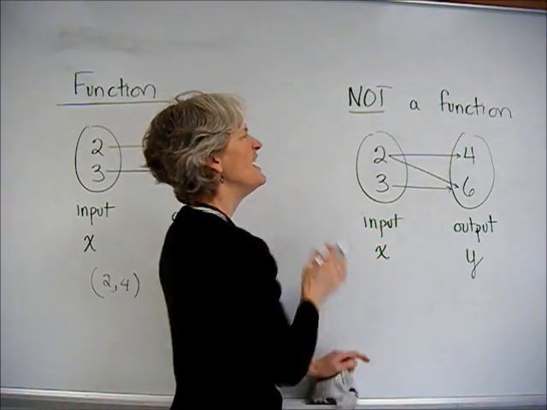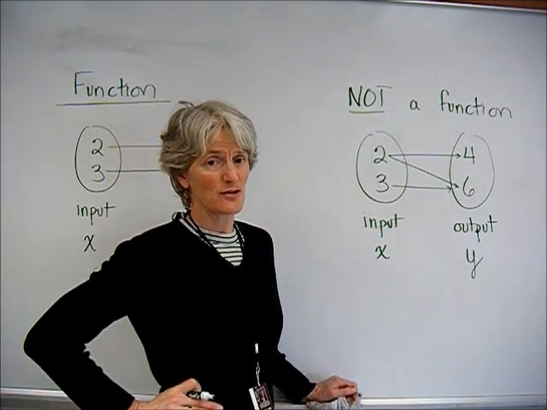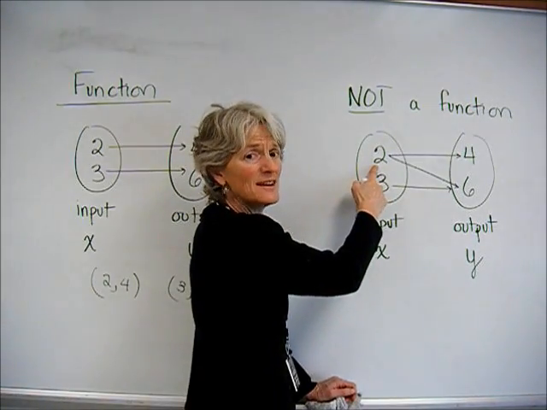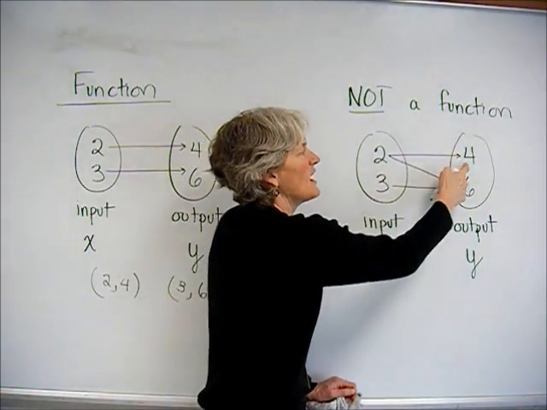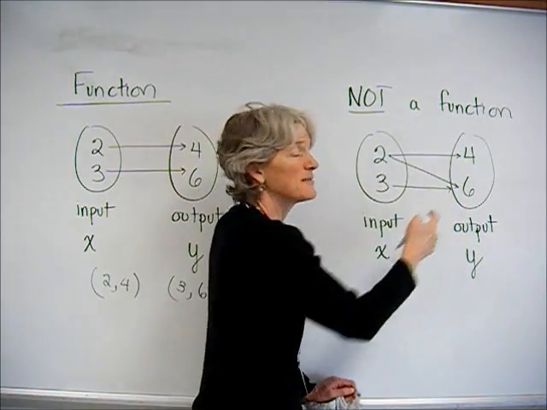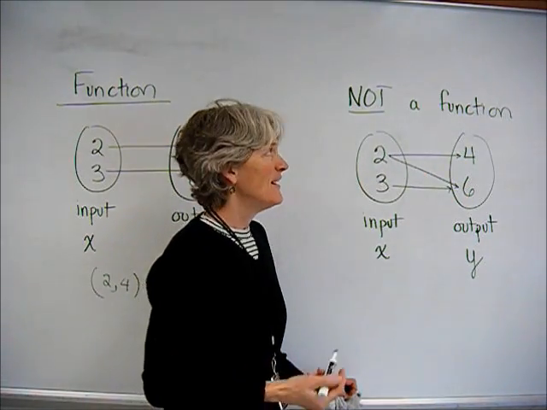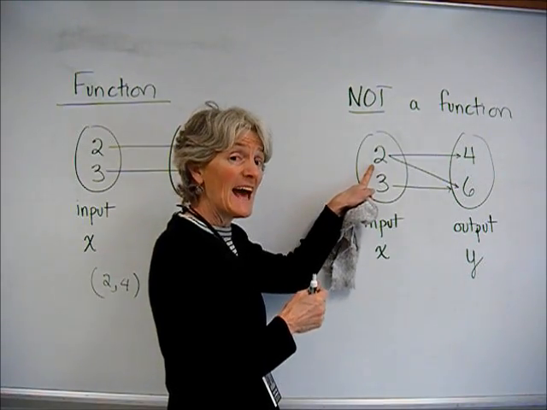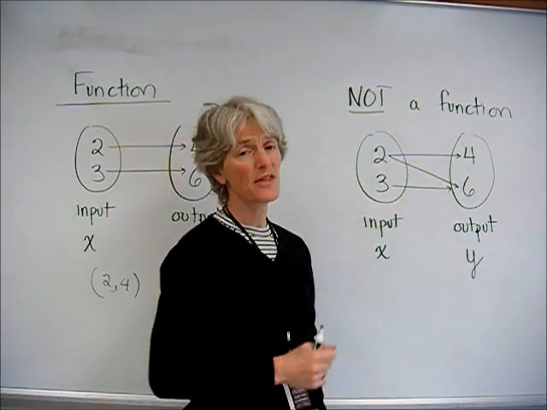Well, that's right over here. This is not a function. When I put in a 2, well, this machine is not working very well because sometimes I get out a 4 and sometimes I get out a 6. This is not a function because when I put in an x, I get out more than one thing.